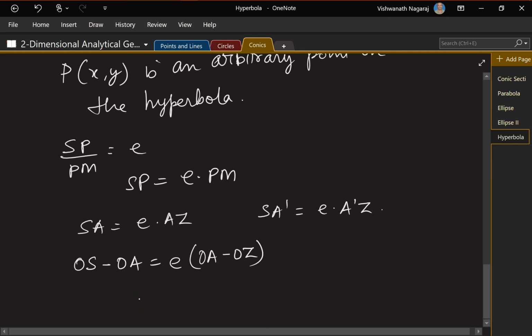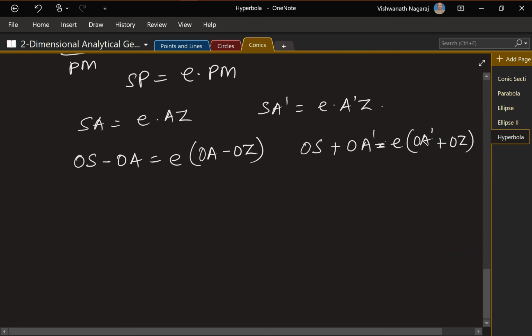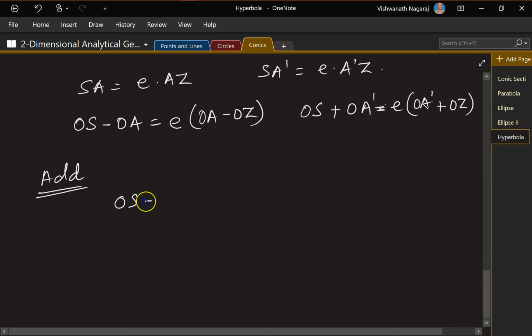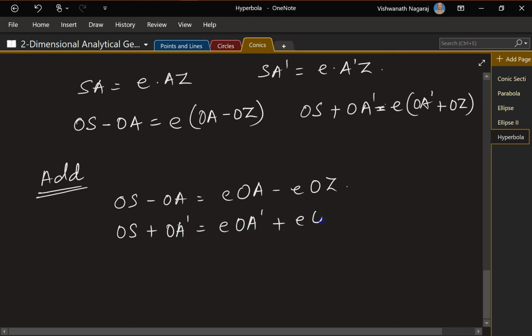Similarly, SA prime can be written as OS plus OA prime is equal to E times OA prime plus OZ. Okay, now we have got two equations. Let's do the addition. Adding these we get OS minus OA is equal to EOA minus EOZ and OS plus OA prime is equal to EOA prime plus EOZ.